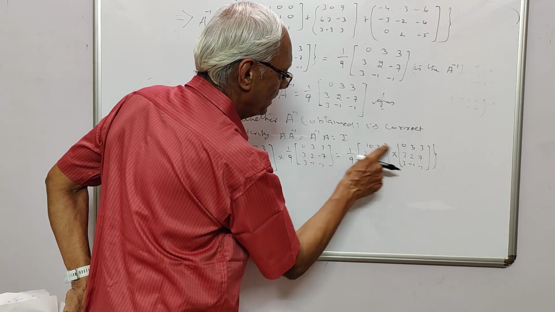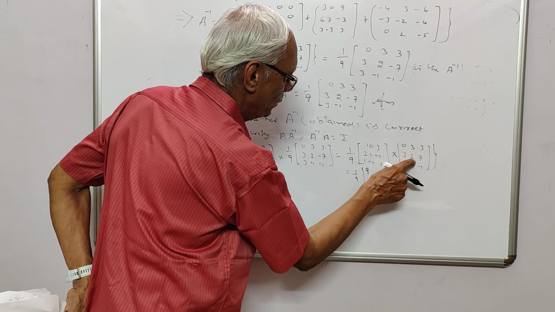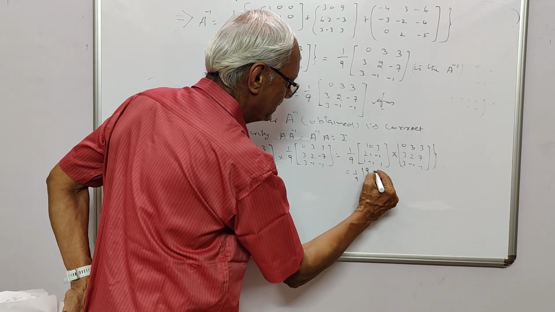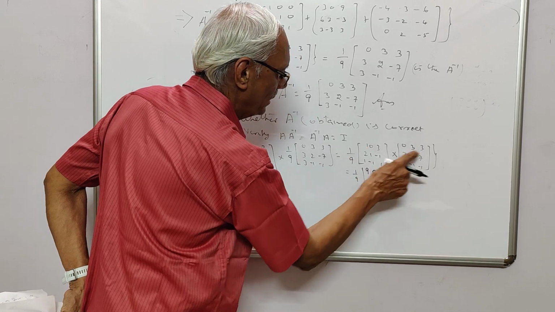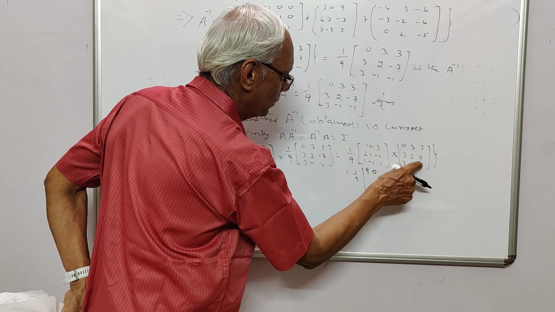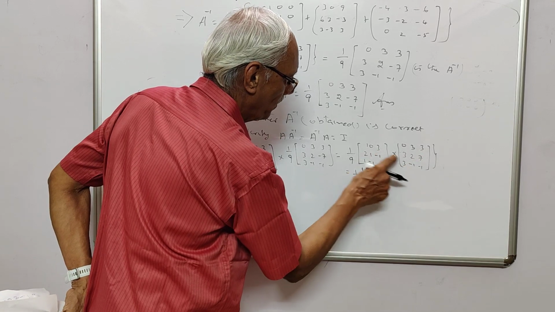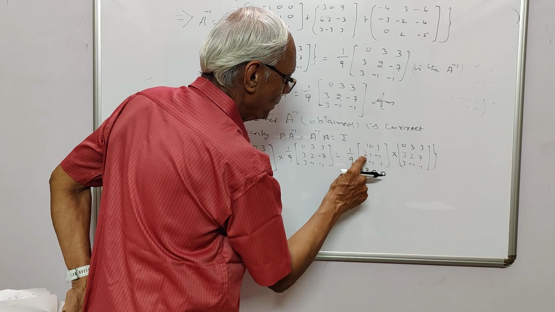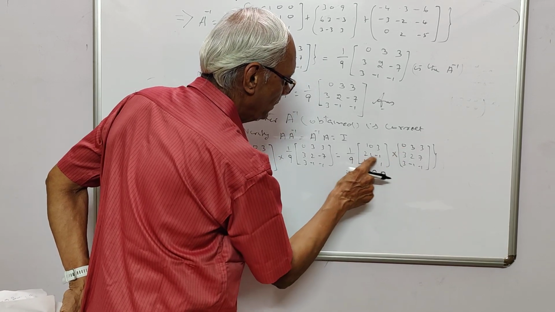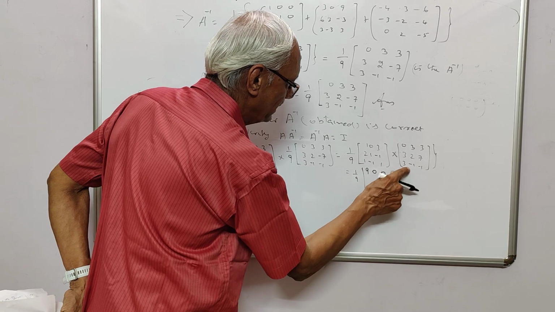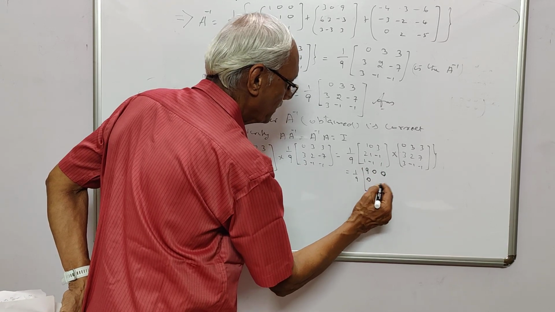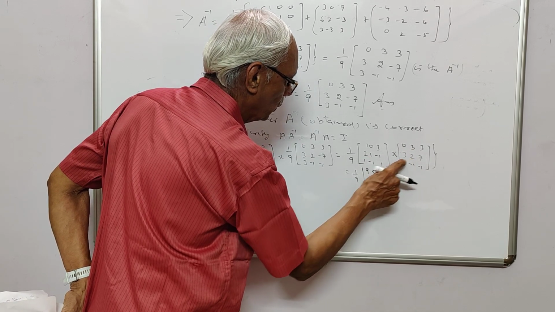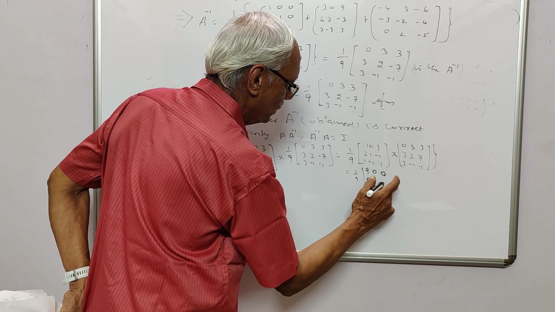First row into second column, 1 into 3 is 3, 0 into 2 is 0, then 3 into minus 1 is minus 3, plus 3 minus 3 is 0. 1 into 3 is 3, 0 into 7 is 0, 3 into minus 1 is minus 3, so 3 minus 3 is 0. 2 into 0 is 0, then 1 into 3 is 3, minus 1 into 3 is minus 3, therefore it is 0. Then 2 into 3 is 6, 1 into 2 is 2, minus 1 into minus 1 is plus 1, so it is 9.